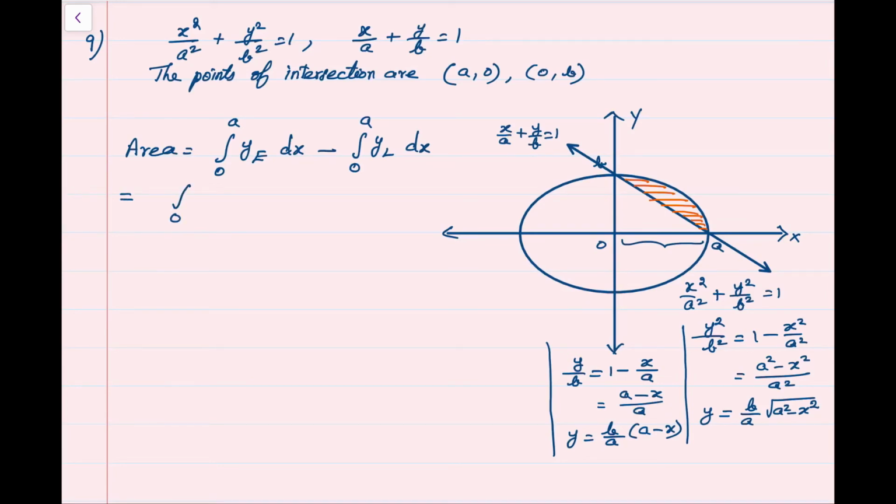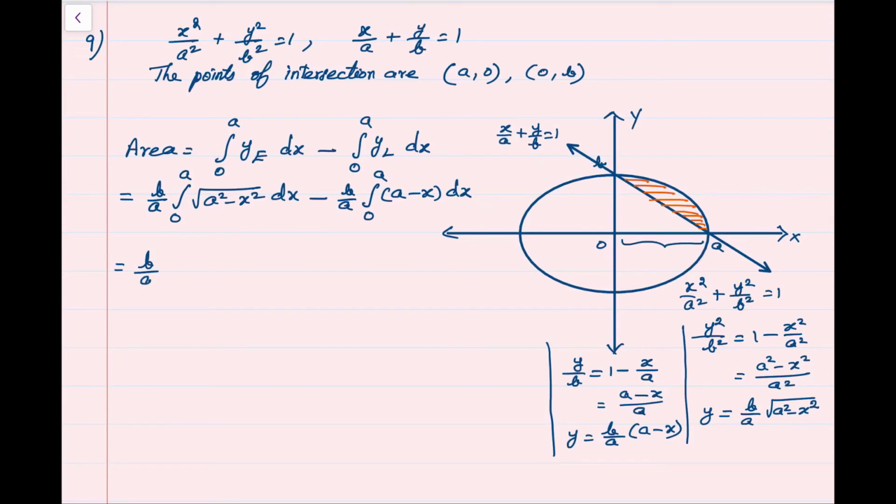Integral 0 to a, from the ellipse equation, y is b divided by a times root of a square minus x square dx, minus integral 0 to a of b divided by a times a minus x dx.